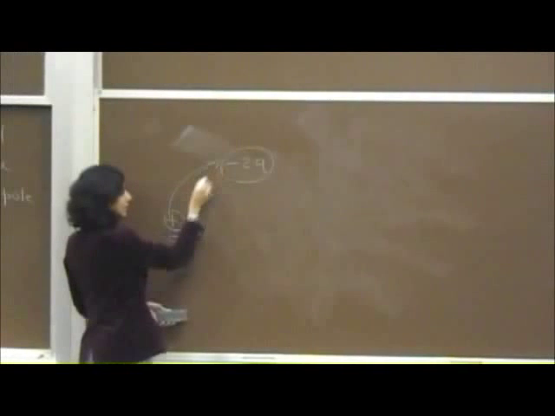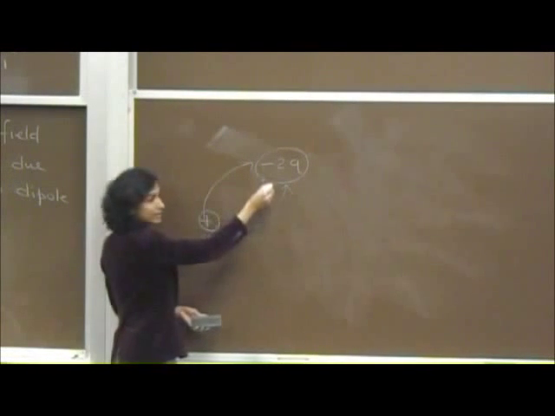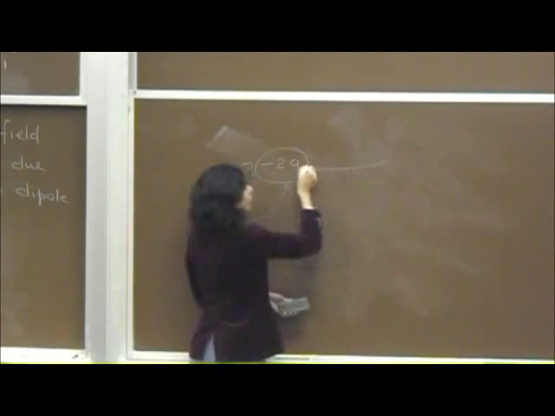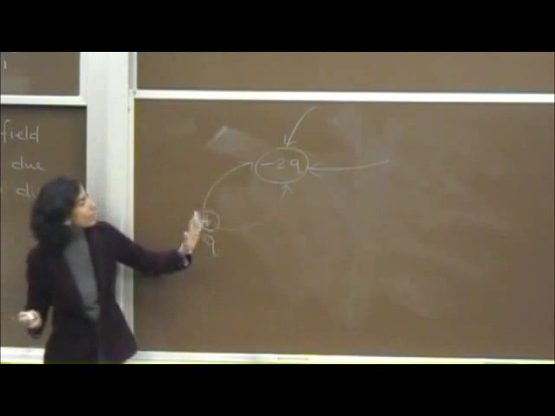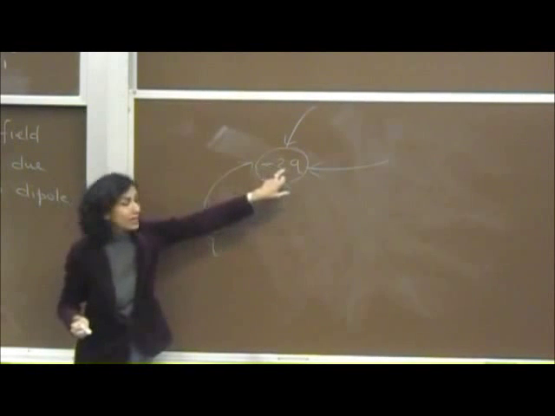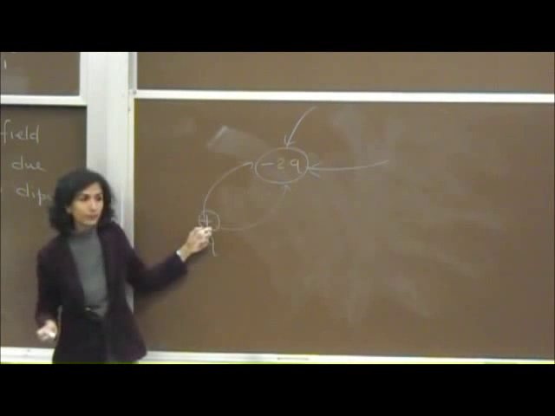Again, one thing that you know is that electric field lines will start from positive, they end at negative. Now you also should know that there are twice as many electric field lines that you should be drawing for the negative 2Q charge, because it's twice as strong as this one.